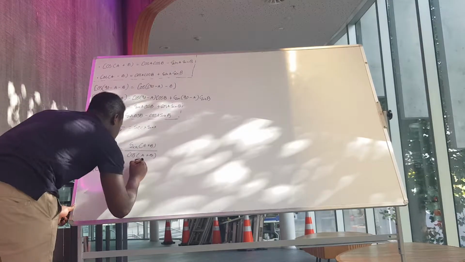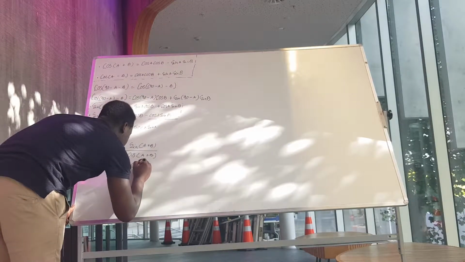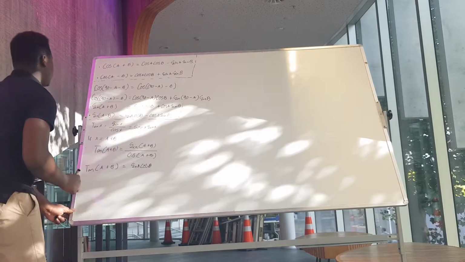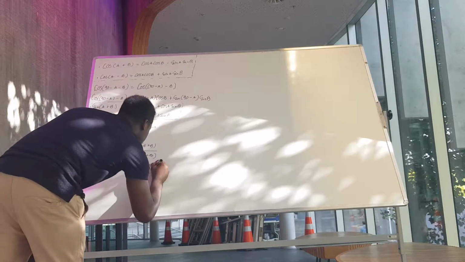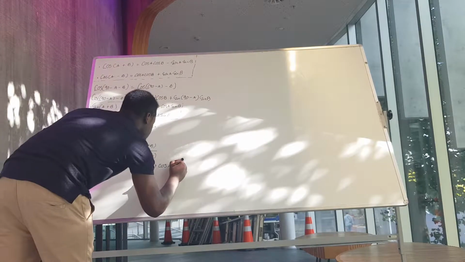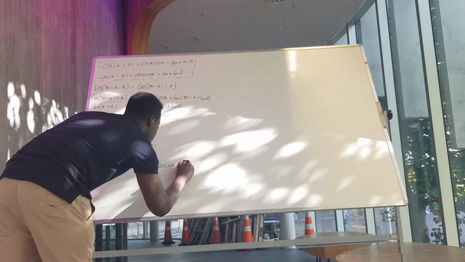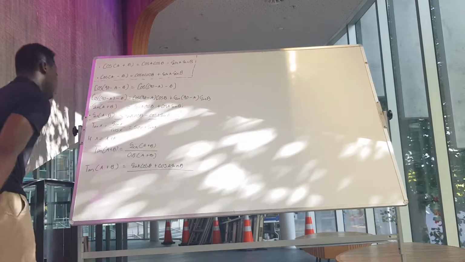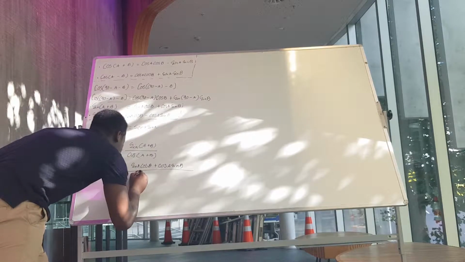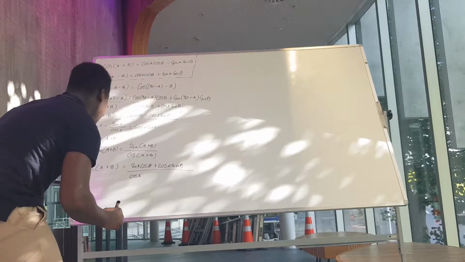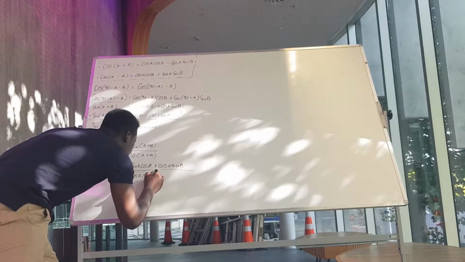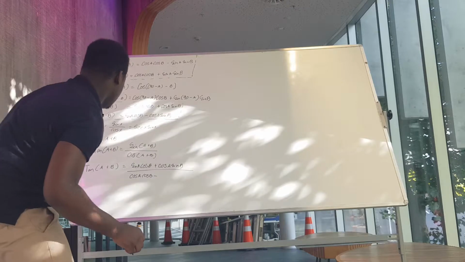Sine a cos b plus cosine a sine b, all of that divided by cosine a cosine b minus sine a sine b.